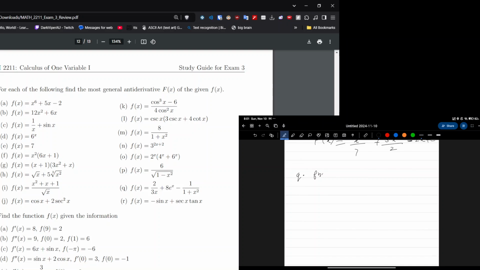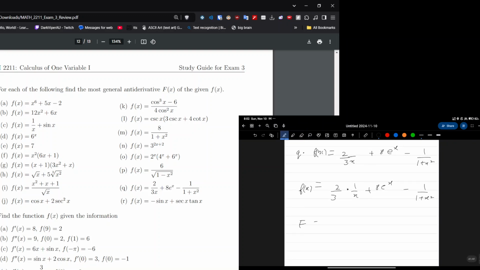Okay, f(x) equals 2 over 3x, x is on the bottom, plus 8 e to the power x minus 1 over 1 plus x squared. Now, I can break this apart as 2 over 3 times 1 over x, plus 8 e to the power x, minus 1 over 1 plus x squared. Now, the antiderivative of this would be this part over here, the constants come out, and the antiderivative of 1 over x, remember, is ln of mod x.